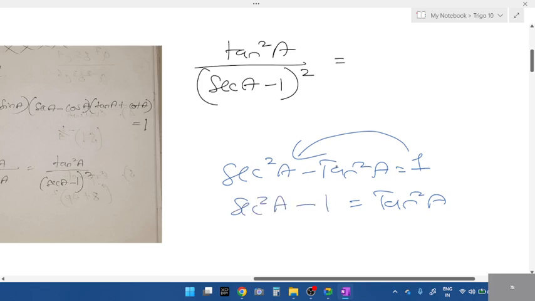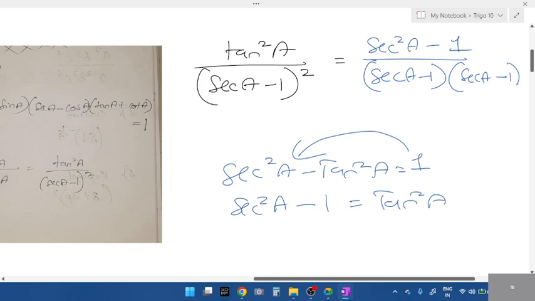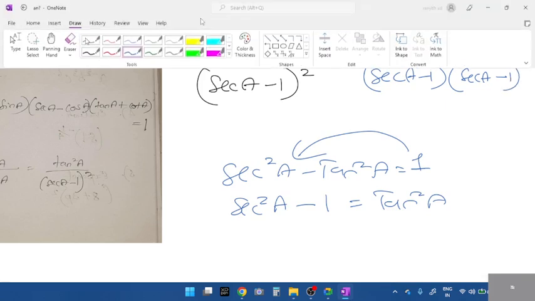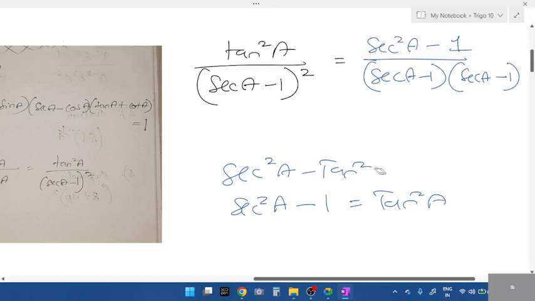Sin square A minus, sorry, sec square A minus 1. How many times sec A minus 1 is multiplied in the denominator? I'll write it like this, sec A minus 1 into sec A minus 1. Numerator, how does it look like? 1 can be written as 1 square.